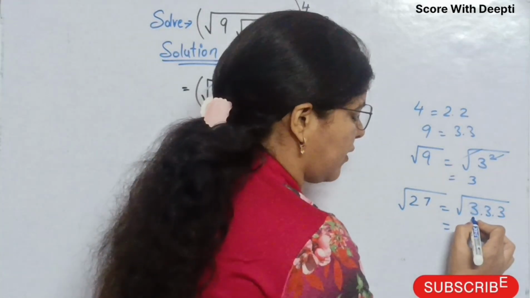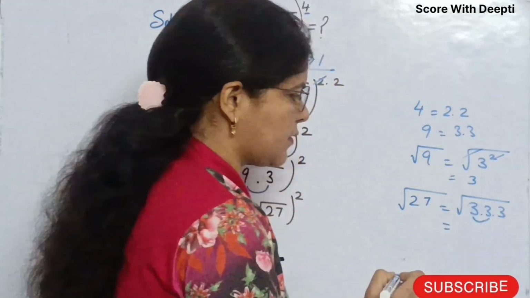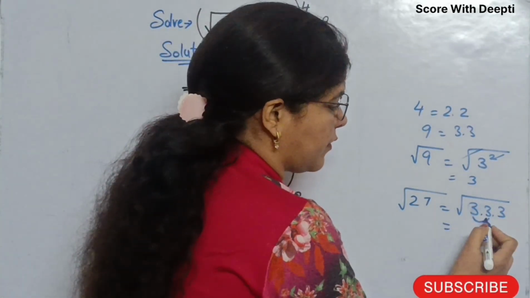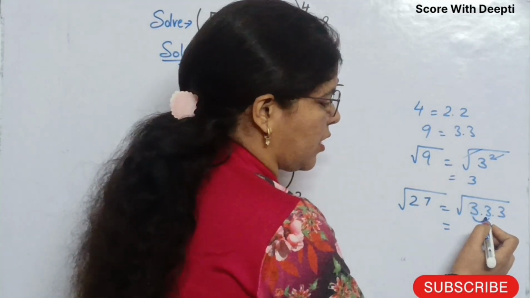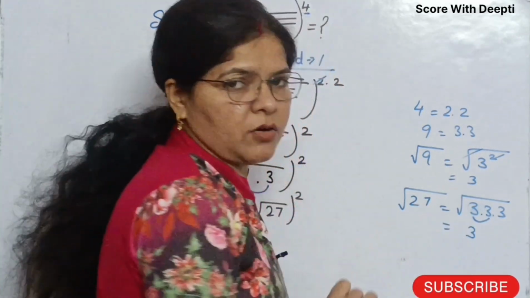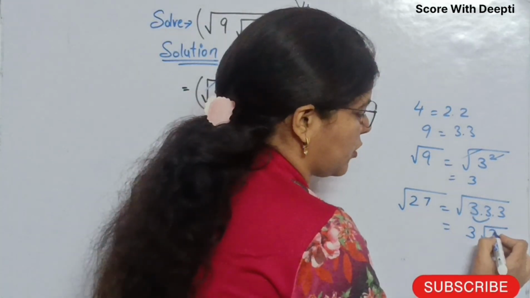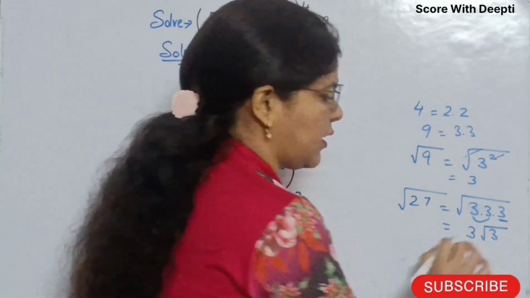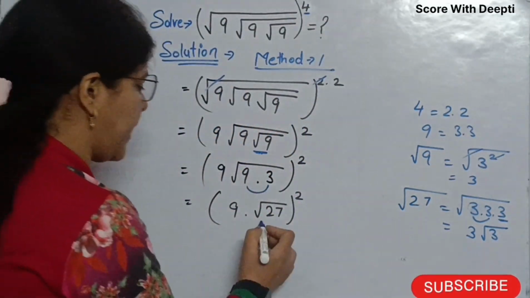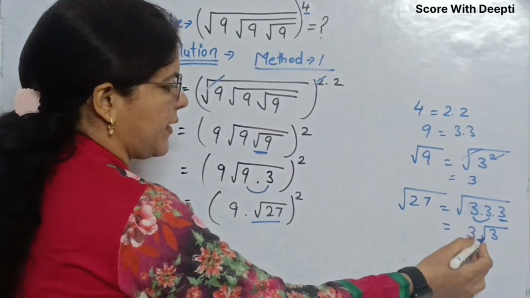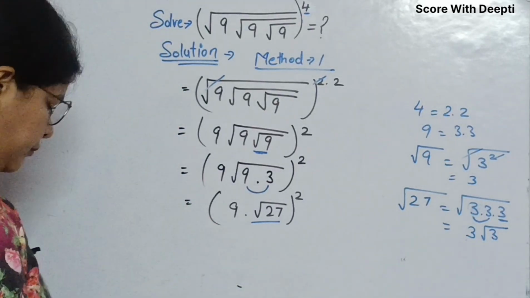Next we make a pair of these two terms, and if we have a pair under the square root we get a single term without the square root, into square root 3 as it is. This square root 3 stays as it is. Means in place of square root 27 we will write 3 square root 3.